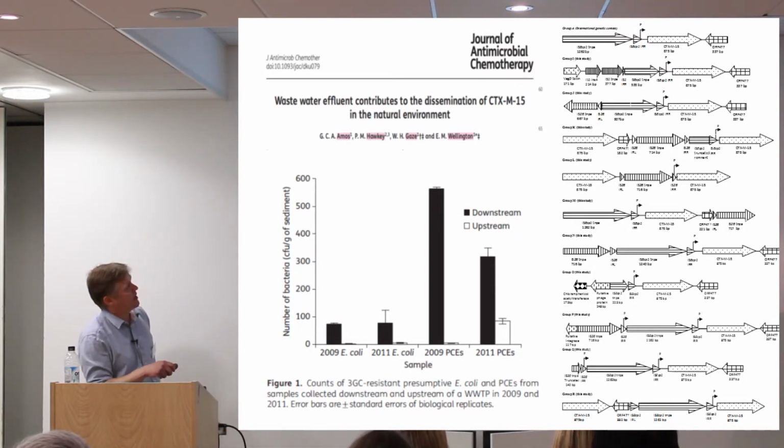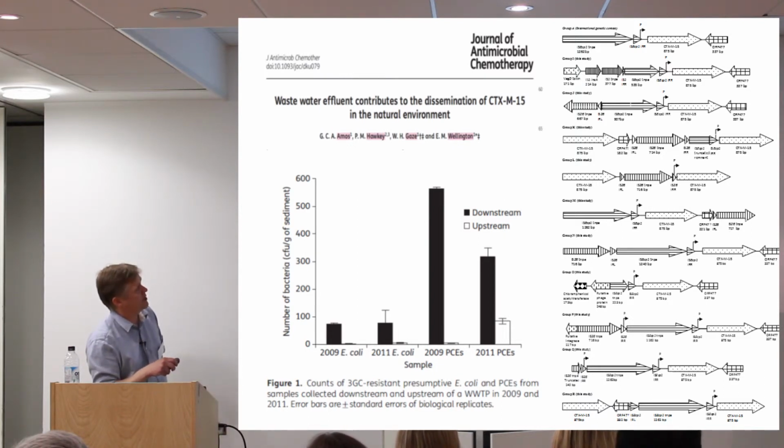And this is the CTXM15 gene, so a lot of these bacteria are carrying CTXM15, which is the most important extended spectrum beta-lactamase. These are different genetic contexts, and they're all indicative of a mobilization event.